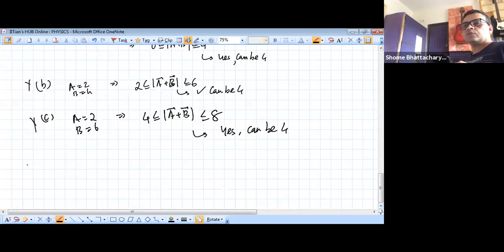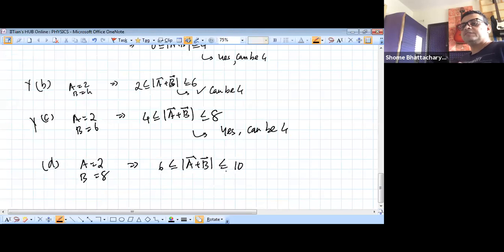So now let us just check option D. But obviously D should be the answer. So D is A is 2 and B is 8 newtons. So here you can see that the magnitude of A plus B cannot be less than the difference of these two, 6, and cannot be greater than the sum, 10. So it is between 6 and 10.